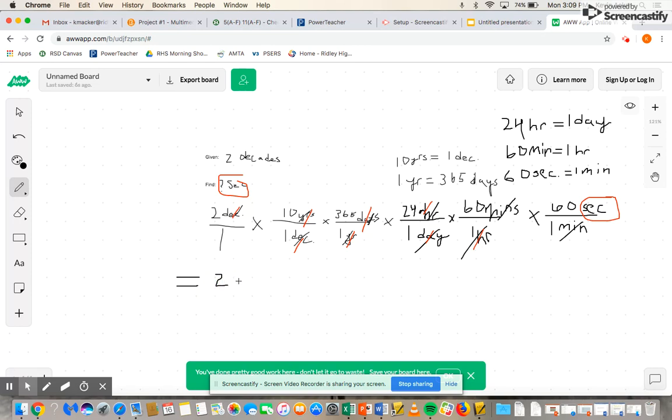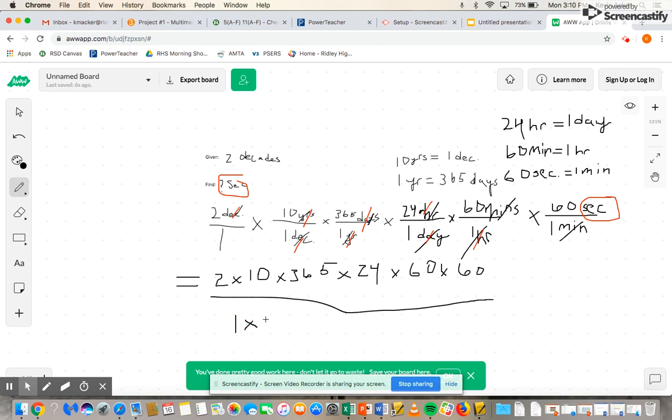So in this case, we're going to do 2 times 10 times 365 times 24 times 60 times 60 all over, and you're going to see in this case it just works out that we're just doing 1 times 1 times 1 times 1 times 1 times 1.